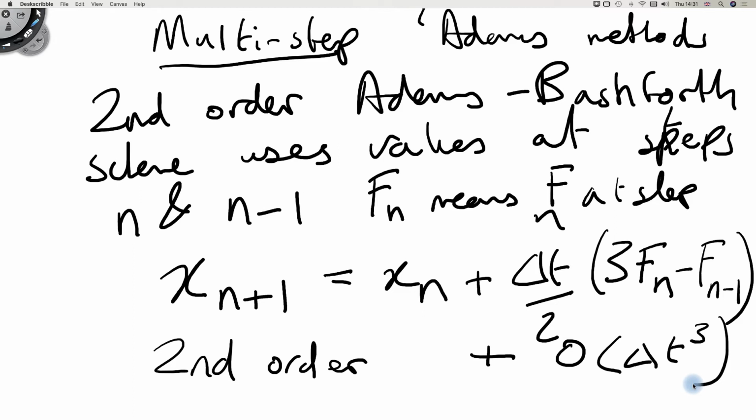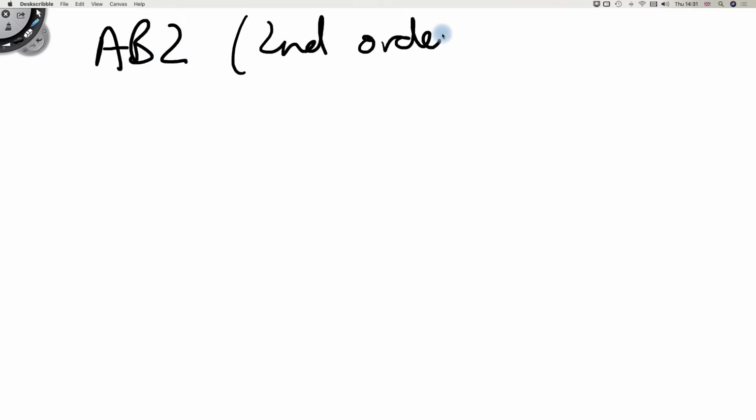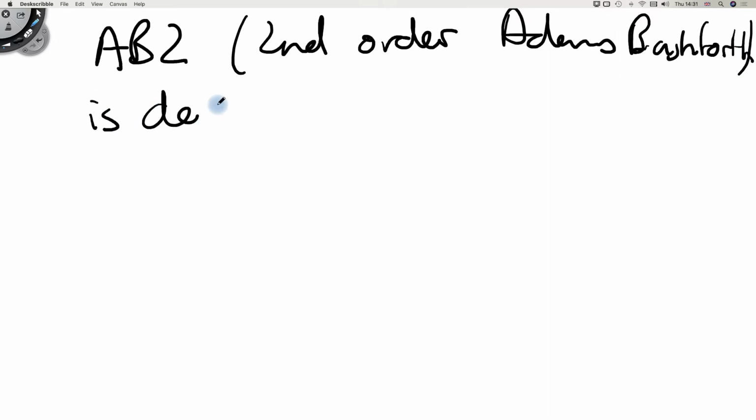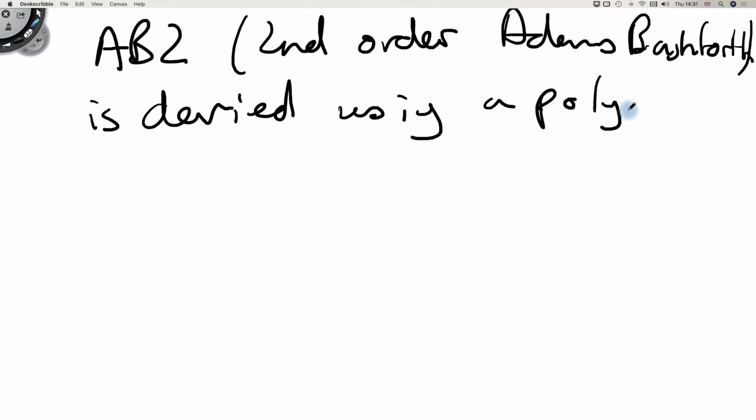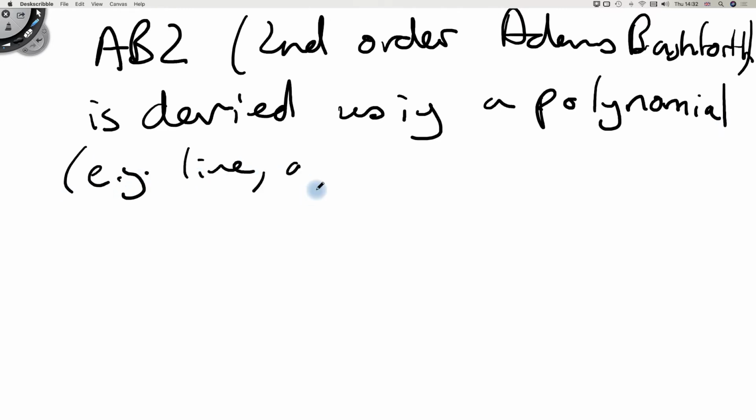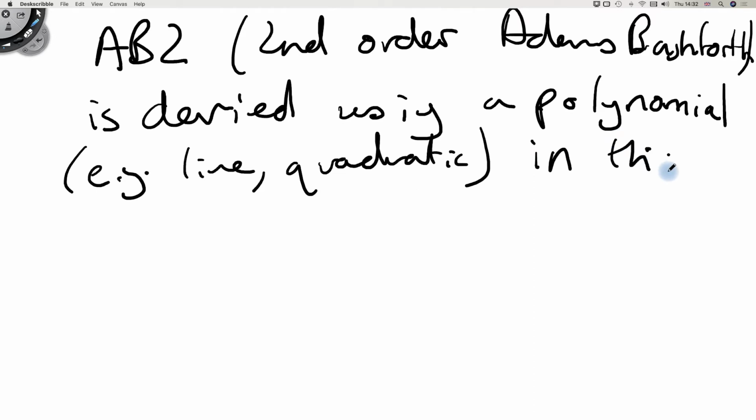And I say it's derived based on polynomials. So AB2, second order Adams-Bashforth, is derived using a polynomial, e.g. line, quadratic, etc. In the case of AB2, we just use a line.